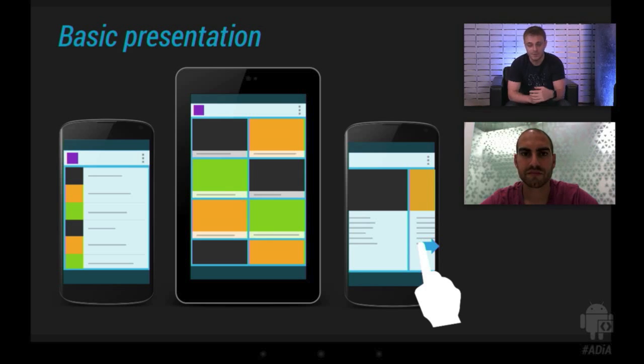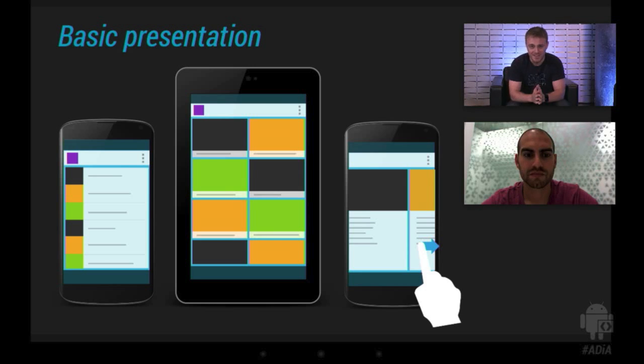You can use a list to present a collection of objects, a grid to present a collection of objects, as well as something like a view pager, to swipe between different items within a collection. We're going to be focusing on the first two here. We're not going to spend too much time on the view pager, or the swiping between items. So just keep that in mind.